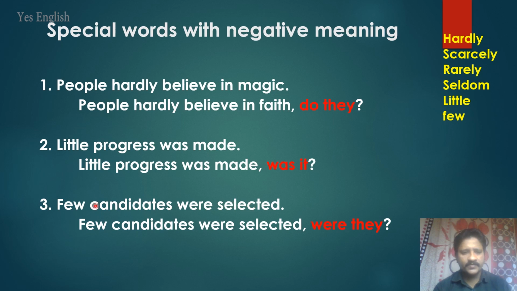In the sentence, few has a negative meaning, so the tag is positive. Repeat this auxiliary, and then instead of candidates we use the pronoun they. So please make a special note of these expressions which convey a negative meaning.